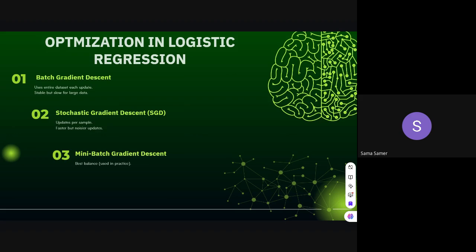The mini-batch gradient descent is used in practice, and it is the best balance. We take a number of samples, update the weights and determine the loss, then go to another batch, update the weights and determine the loss, and so on. Each one is used for a specific type of data, according to our problem.